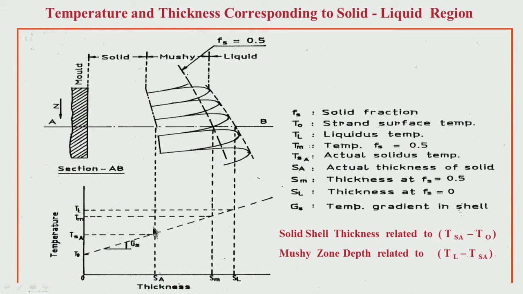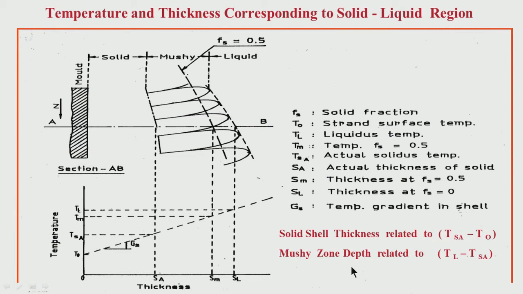The lower the value of the actual solidus, the temperature interval between liquidus and actual solidus will increase. Lower the actual solidus, with TL remaining more or less constant, the more will be this value, and the more will be the marshy zone.